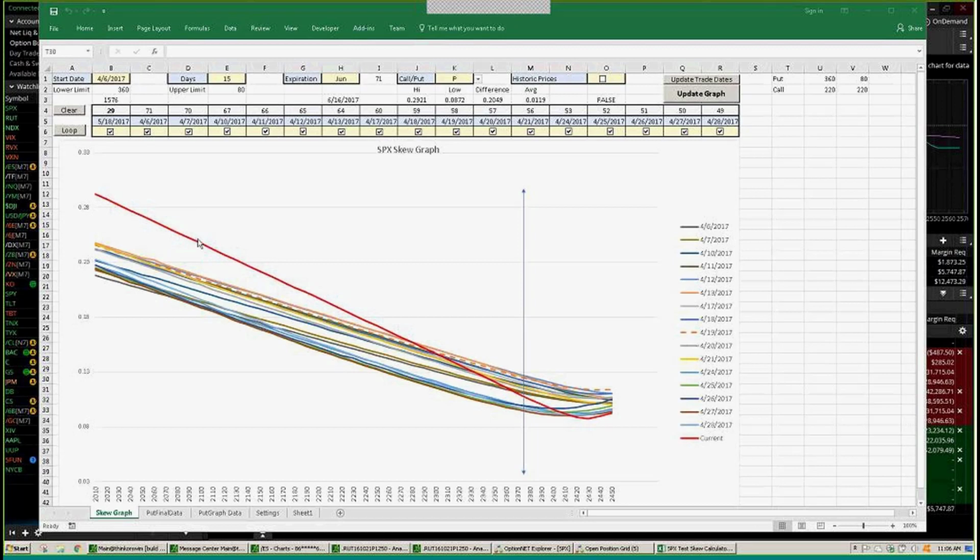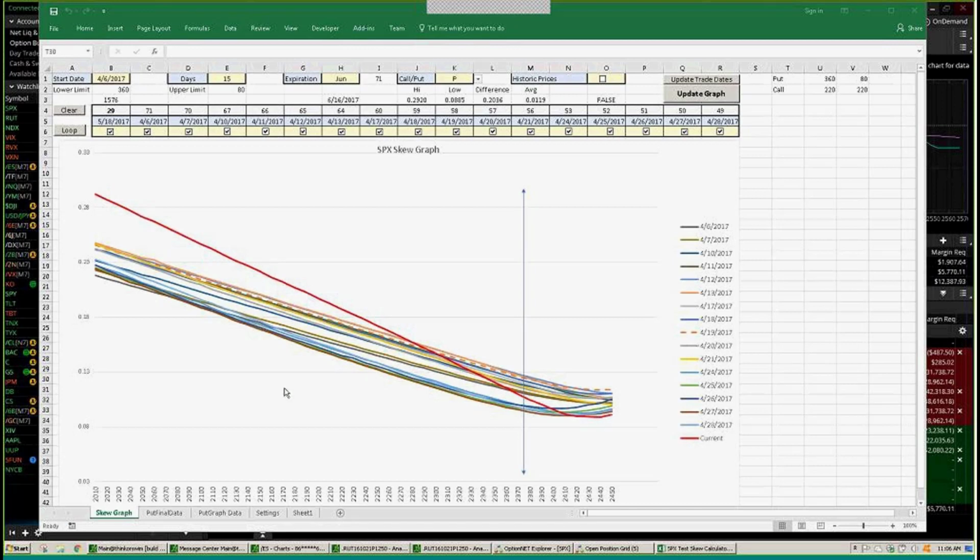And then the red line here is today. So I get to see, in comparison to what's gone on in the past, what the skew today looks like.